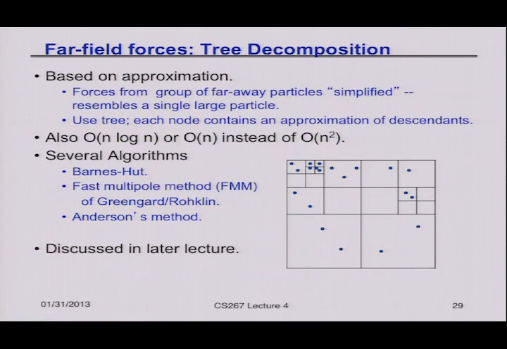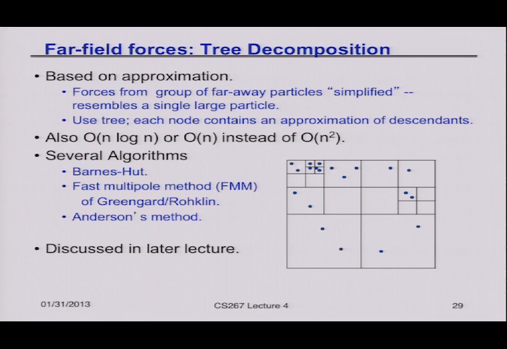But here's another way to do it, which is based on a different kind of approximation and doesn't require nearby mesh points or anything. And the idea is, and I've used this analogy before, anything that's far enough away just gets simpler. So if I want the force on the Earth from everybody in the universe, and I go up and look at the stars at night, and there's one bright star out there that I suddenly realize is the Andromeda Galaxy, which has another billion stars inside of it, my first impression was correct.